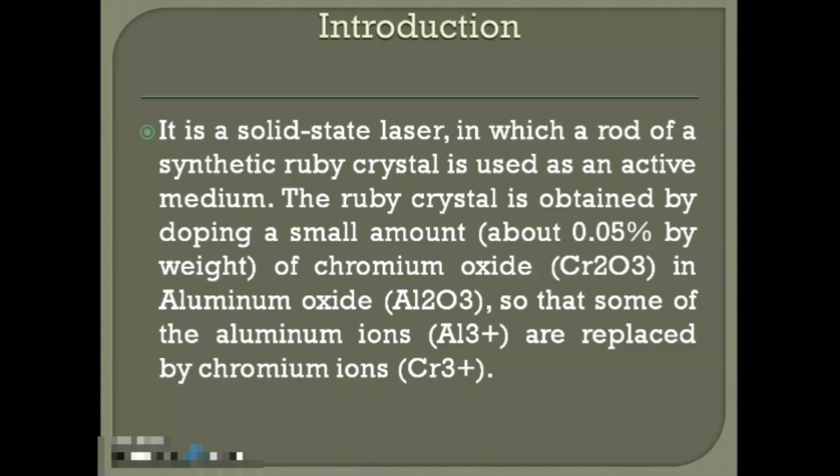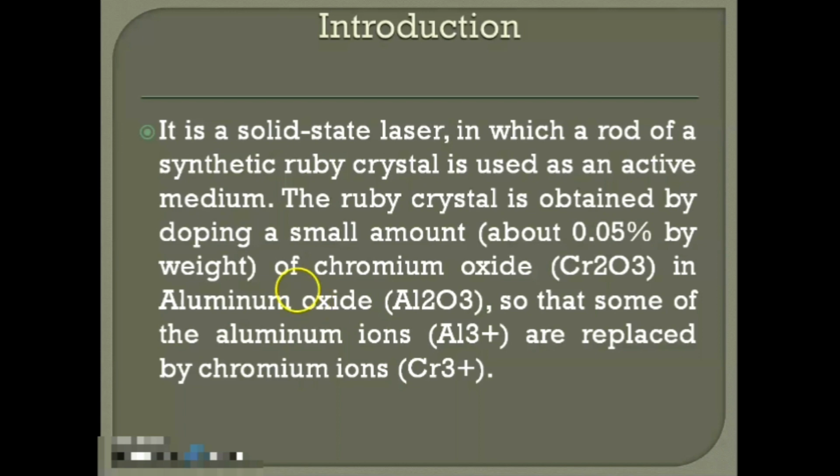This Ruby laser was first successfully made in 1960. In Ruby rod, we use 99.5% aluminum oxide and 0.05% chromium oxide, and that's why in this rod 99.5% aluminum ions are available and 0.05% chromium ions are available, and chromium ions are responsible for producing the Ruby laser.